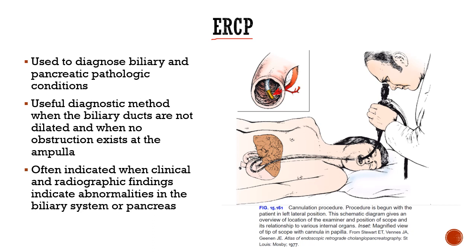They're going to have the scope down their throat and going down into the duodenum. It's going to be used to diagnose biliary and pancreatic pathologic conditions. It's a useful diagnostic method when the biliary tracts are not dilated or when no obstruction exists at the ampulla. And it's often indicated when the clinical and radiographic findings indicate abnormalities in the biliary system or the pancreas.